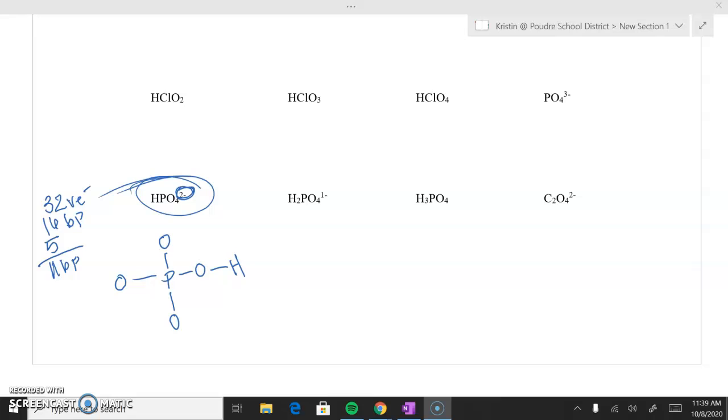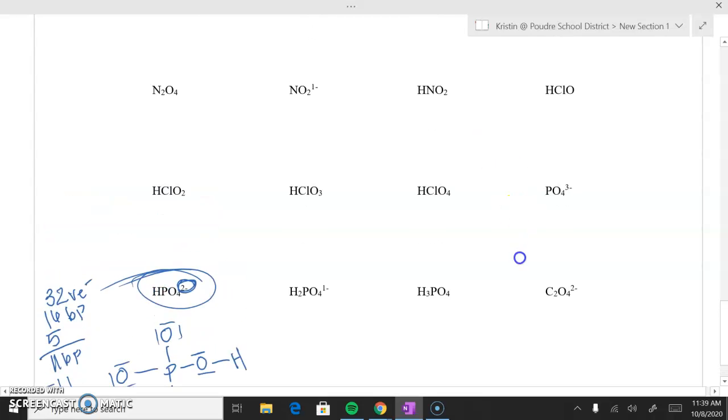So I can add 1, 2, 3, 4, 5, 6, 7, 8, 9, 10, 11, and everything is good to go. Everybody has a full octet, used all our bonding pairs, looks great.